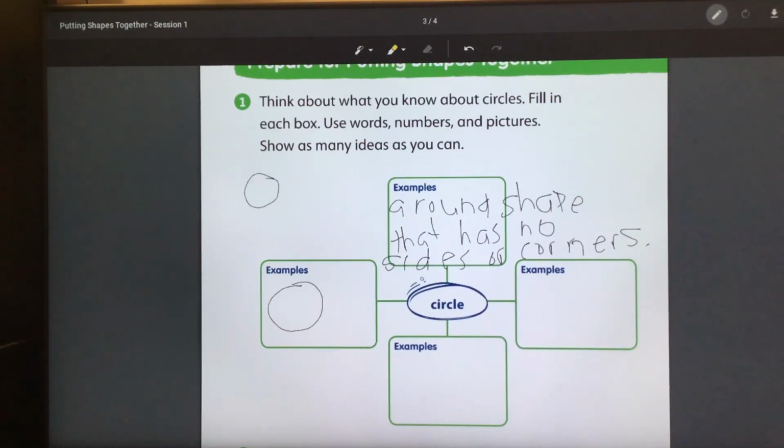So it has a circle bottom. That is a cone right there. So when I say a cone has one circle face, that's what I'm talking about. A cone has one circle face.